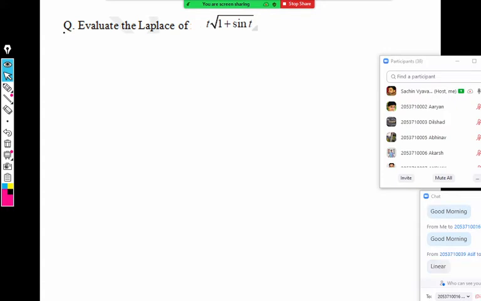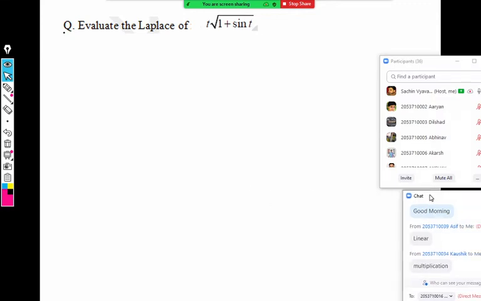How can you use linearity property? Not correct. What is f of t now? Whose Laplace first we have to evaluate? Yes, multiplication by t property. That is the correct answer. But now how to get the Laplace of the remaining part?